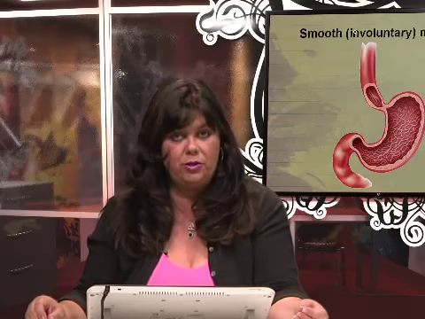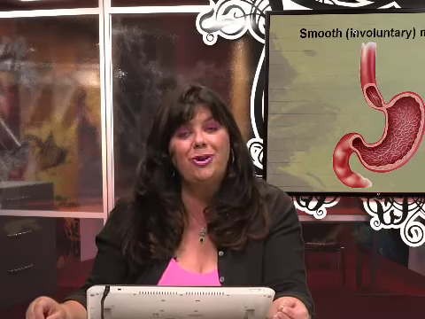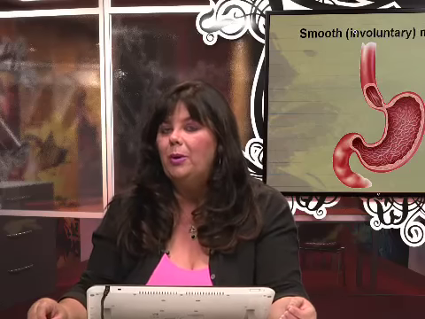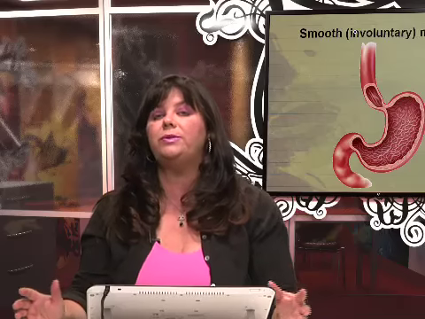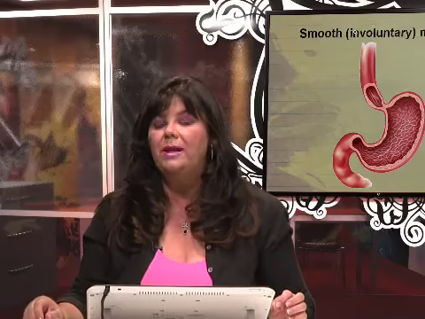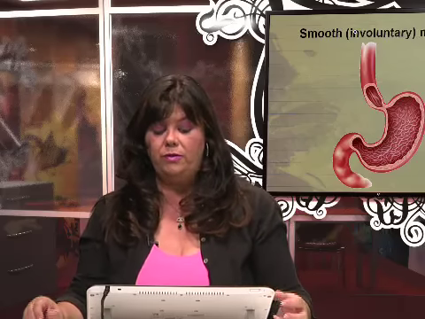or involuntary muscles. They are under control of the autonomic nervous system. Remember that we did that just a few weeks ago when we said that there's a part of your nervous system that functions that you don't automatically control. It works for you. You have no control over it.